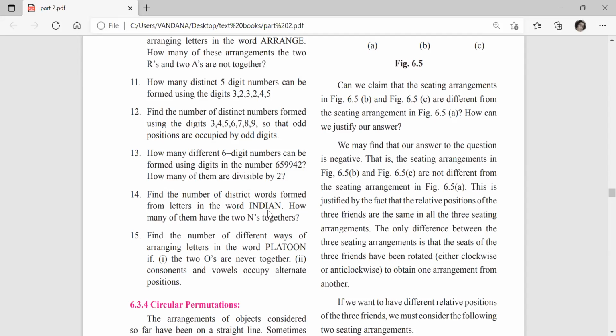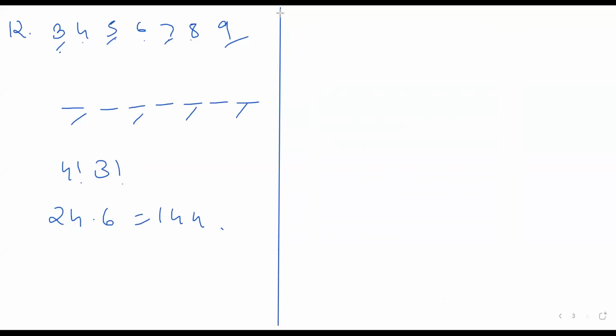The last sum: arrange all the letters of the word platoon, 2 O's are never together. It's 1, 2, 3, 4, 5, 6, 7. 7 letters can be arranged in 7 factorial ways.